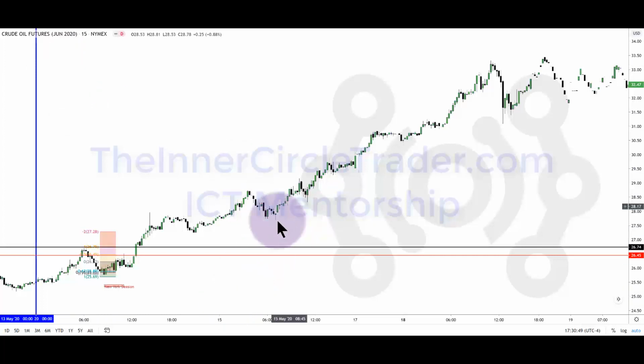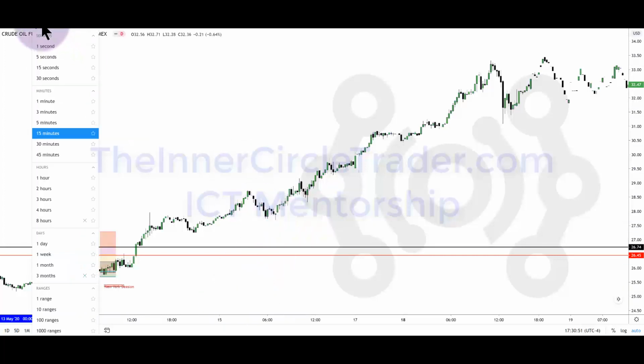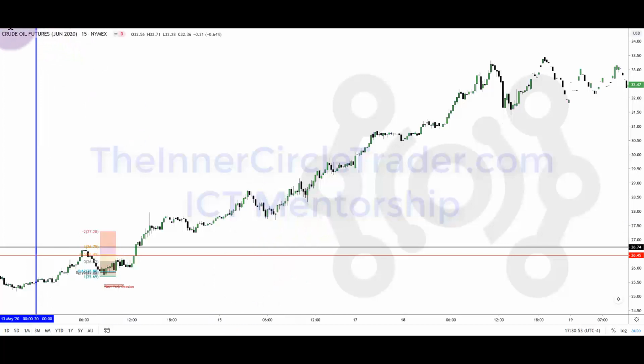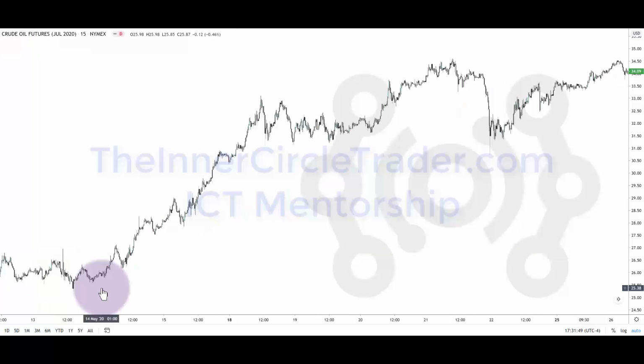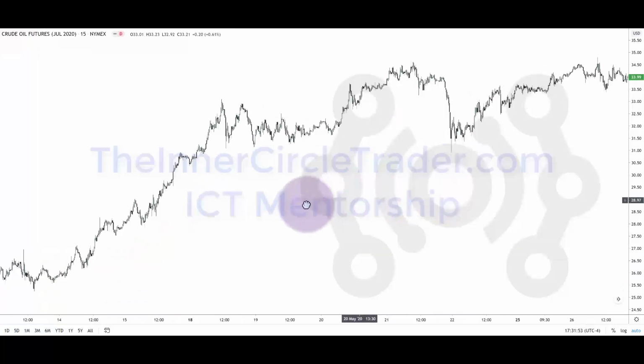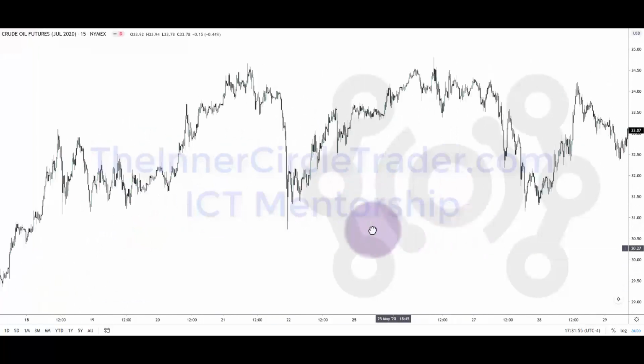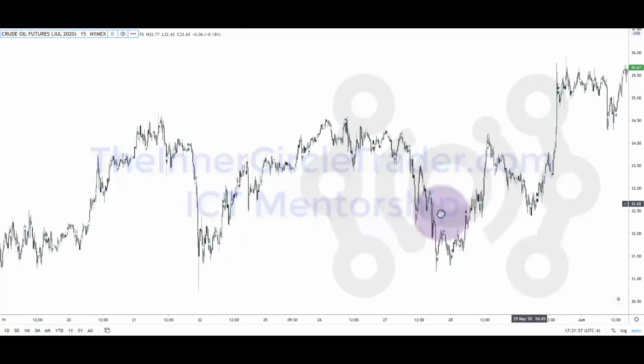So here's the 15th, and I'm going to change the symbol to July crude, and we'll watch it from the 14th. So here's the July contract of crude oil. So you can see the much more lengthier rally that took place in crude oil.